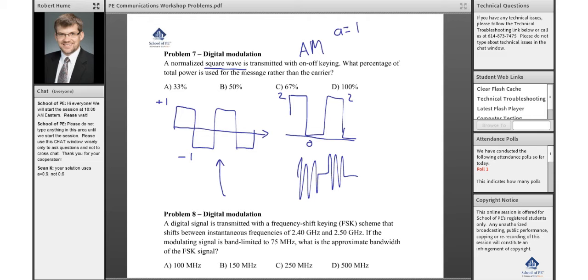So this is asking about the power used for the message as a percentage of the total power.